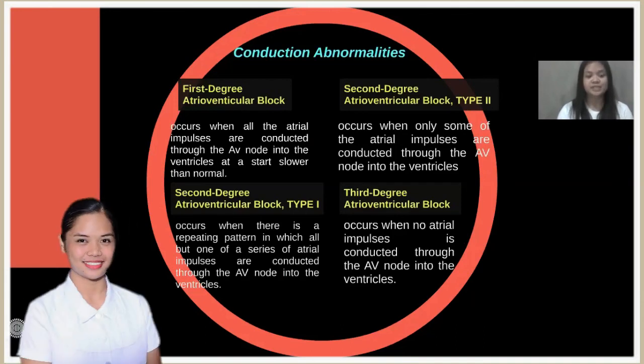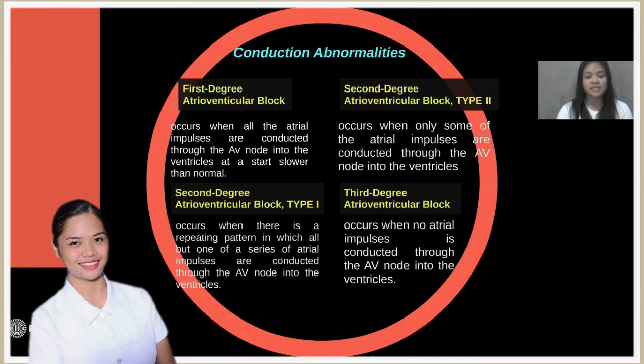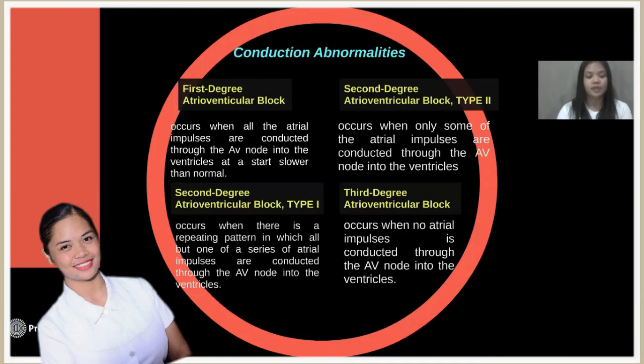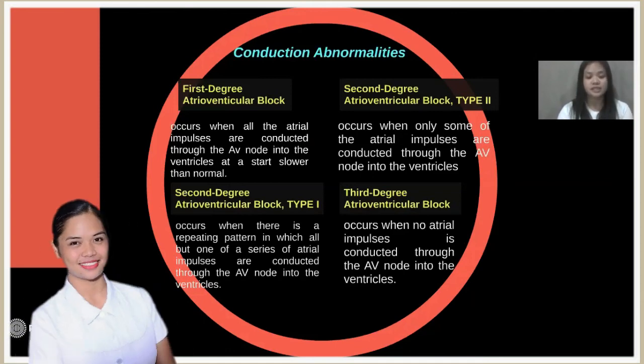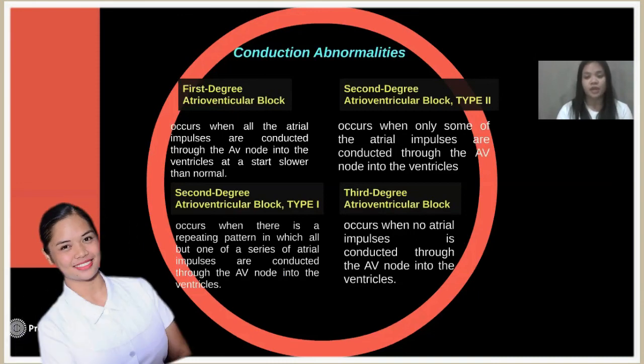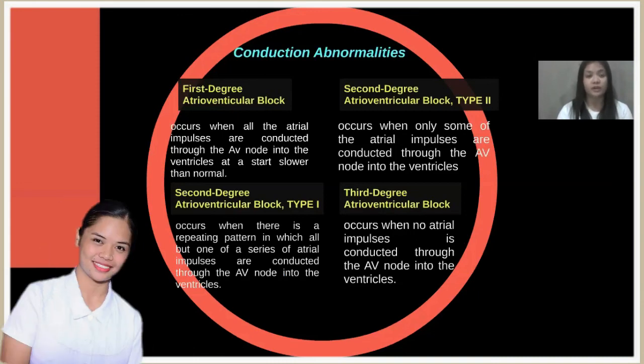In type 2 second degree AV block, some of the electrical signals do not reach the ventricles. In ECG, this is seen as an intermittent non-conducted P wave, and the PR interval, however, remains constant in conducted beats.